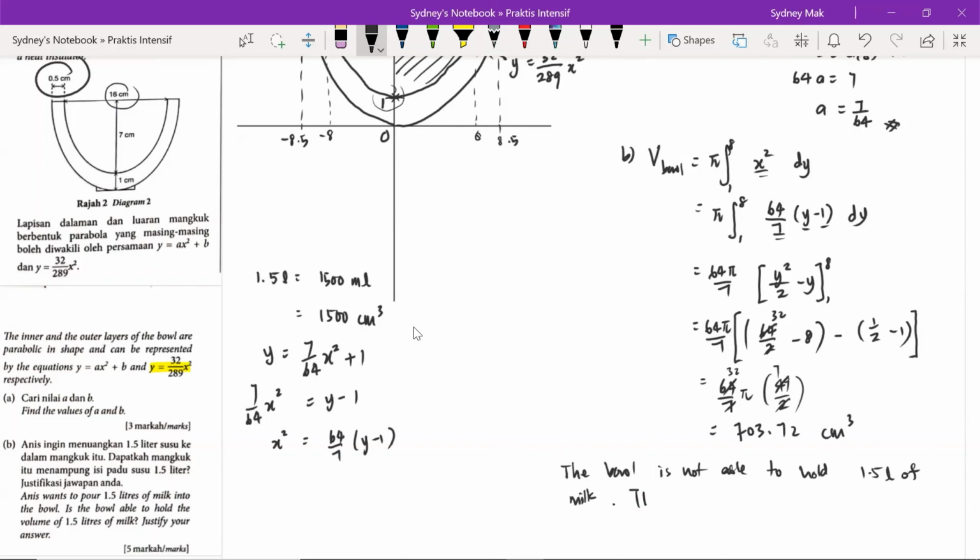The maximum volume the bowl can hold is 0.7037 liter only. Okay. So that's it for the answer for question number 6.